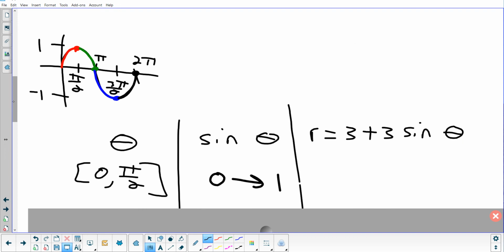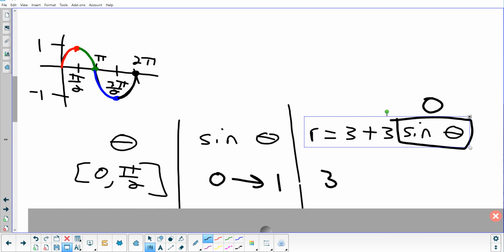The sine function is starting at 0 and ending at 1. So if the sine function starts at 0, what's the radius going to start at? This is starting at 0. So what's my radius starting at? 3. If this is 0, and you triple it, you get 0, and you add 3, you get 3. So our radius in this section is going to start at 3, and it's going to grow.